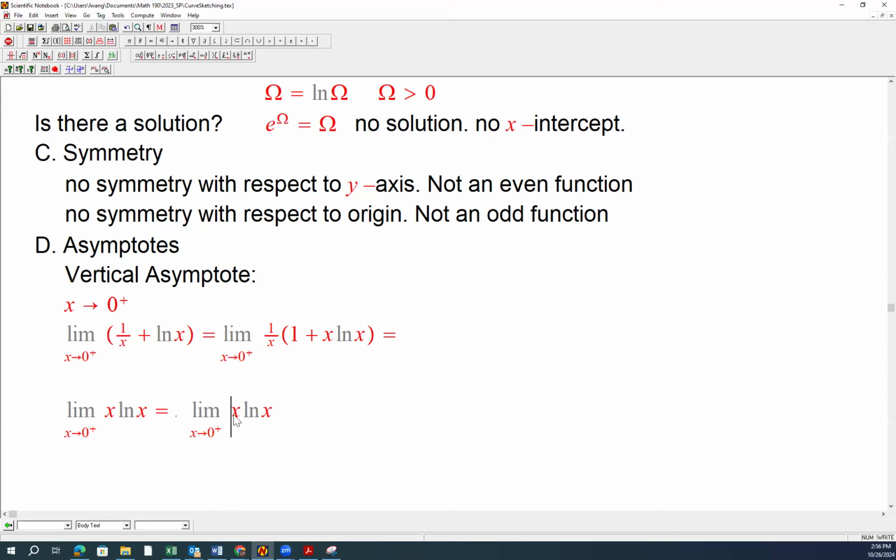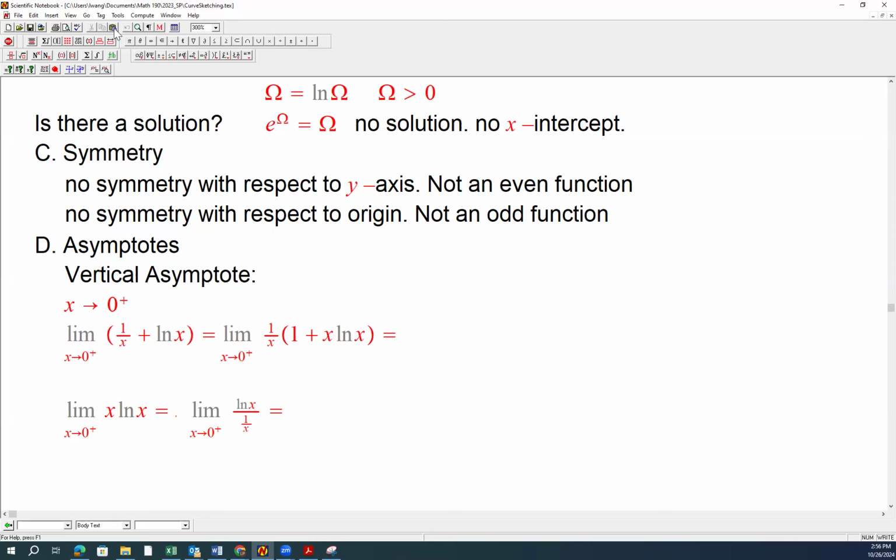As x approaches 0 from larger than 0, this piece approaches negative infinity and the other approaches positive infinity, so we can create a situation where we can apply L'Hopital's rule.